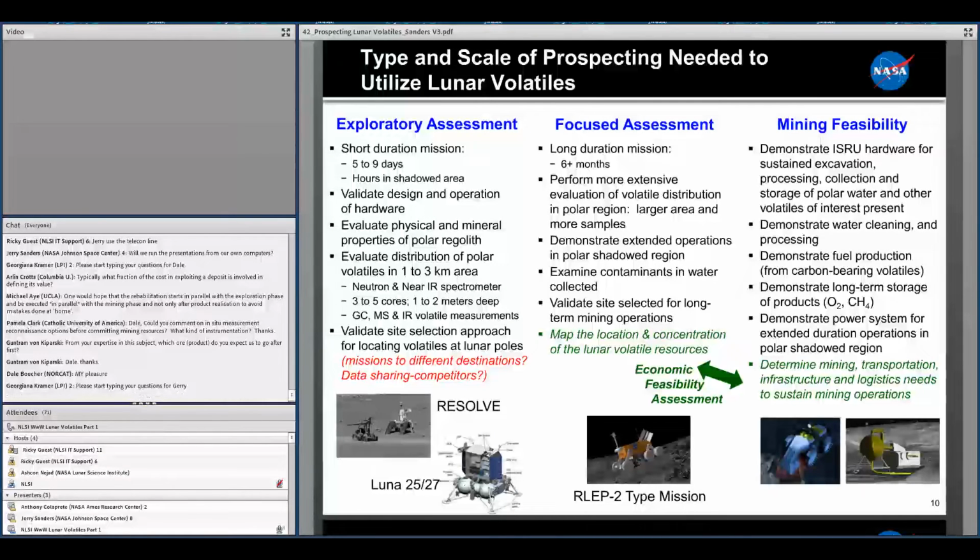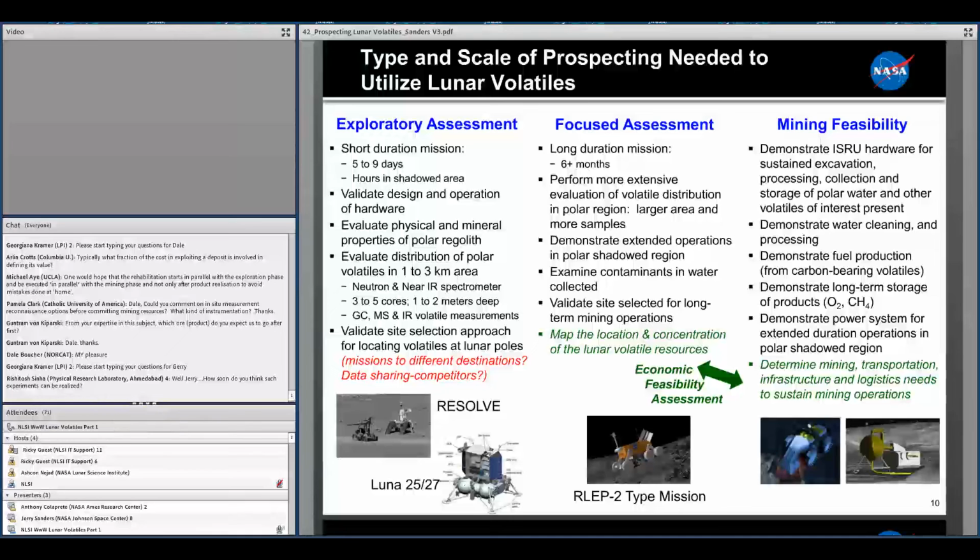And by being able to map the locations and concentrations of the resources, as well as examining our mining feasibility to determine things such as transportation, infrastructure, and logistics, NASA and other countries can make an assessment of, is it worthwhile processing that water? How much infrastructure is required compared to just bringing water and other volatiles from Earth, for example?